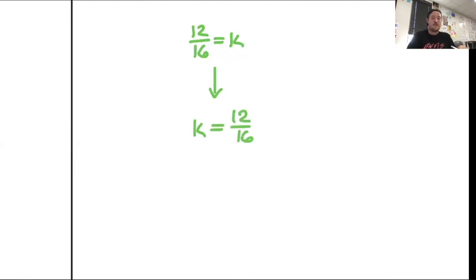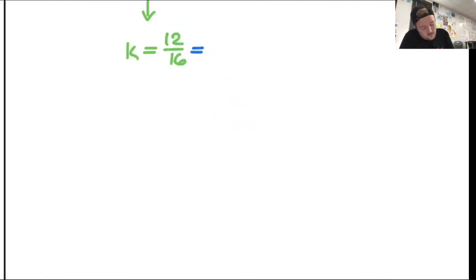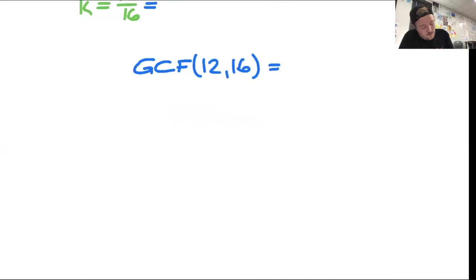All right, now I'm going to simplify. When you simplify, you want to find the greatest common factor, your GCF, between 12 and 16. For 12, your factors are 1, 2, 3, 4, 6, and 12.